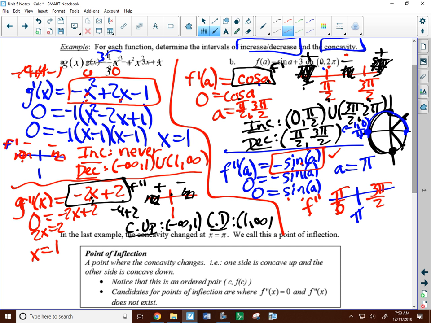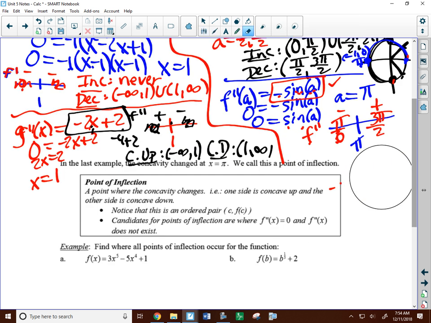It would be negative, and then sine of pi over 6 is a half. So basically we get a negative number. And then 3 pi over 2, it's going to be negative, and then sine of 3 pi over 2 would be -1 down here. So it'd be negative of -1, which is positive. Okay, so now I can finally write my concave up and down intervals.